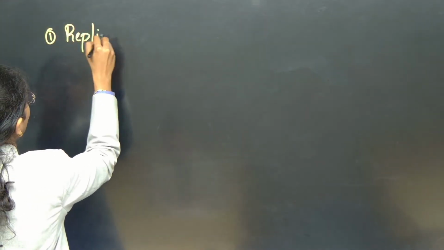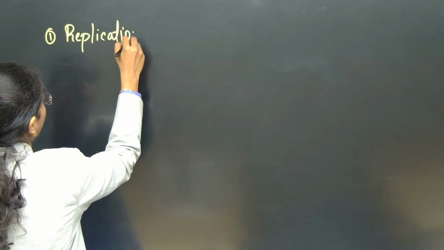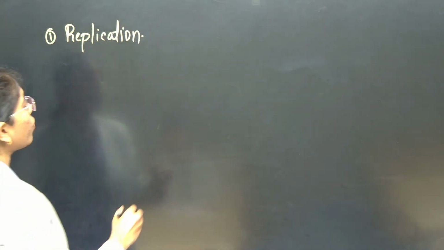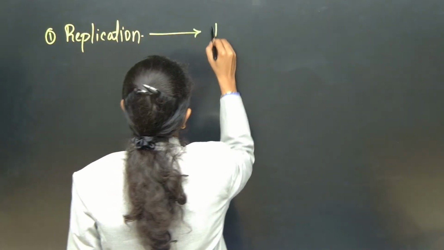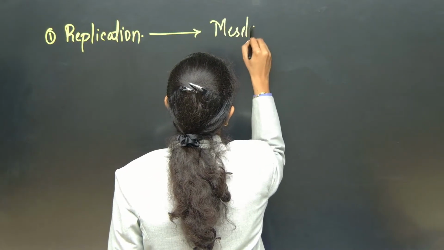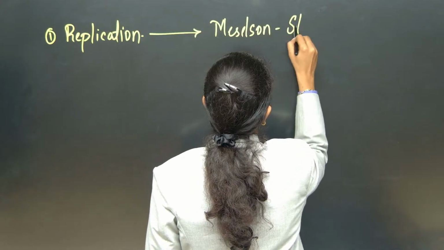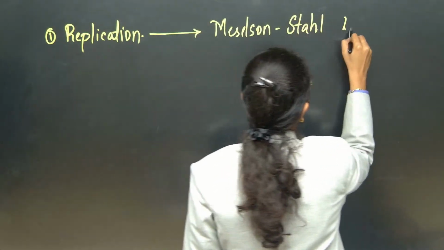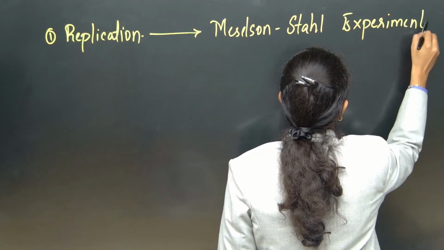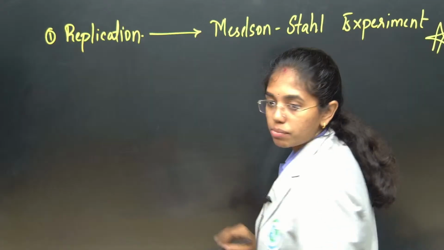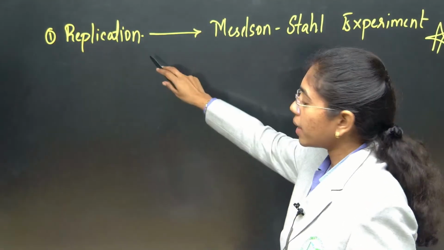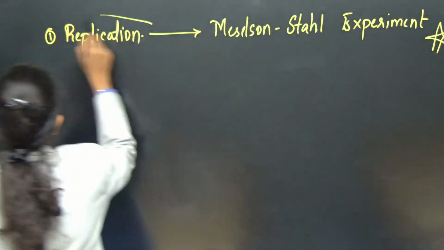The major concept is what? First, replication. We are done with central dogma, so you have to go through replication. Experimental proof of the replication process, that is the Meselson-Stahl experiment, is very important for your NEET and NCERT both. The enzymatic machinery of replication is highly important.